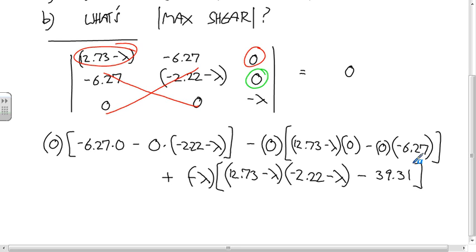And so we have negative lambda times, so we're going to multiply this out. What's 12.73 times negative 2.22?